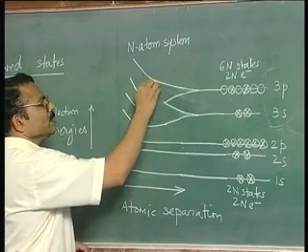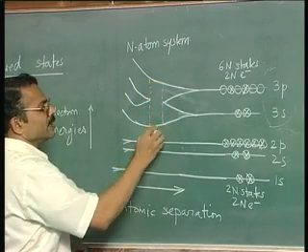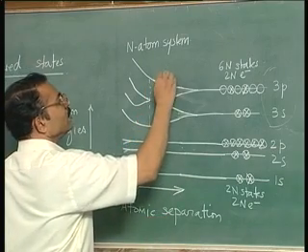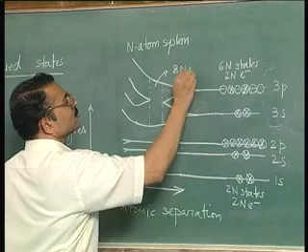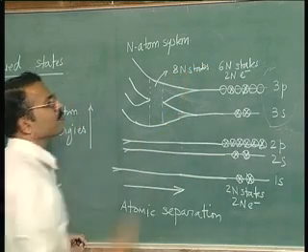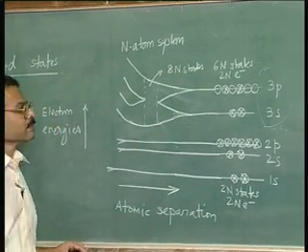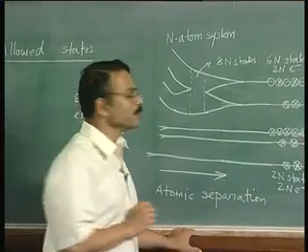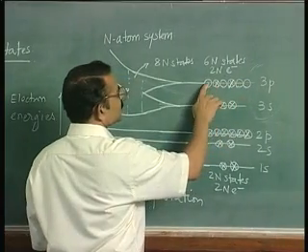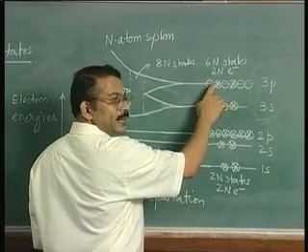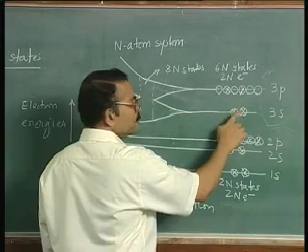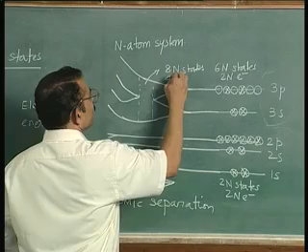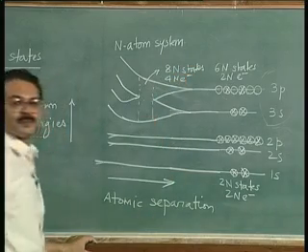So over this atomic separation, you have 8n states, but only 4n electrons, because out of these 6n states only 2n are occupied. Out of these 2n states all 2n are occupied, but here they are merged, so there are only 4n electrons.